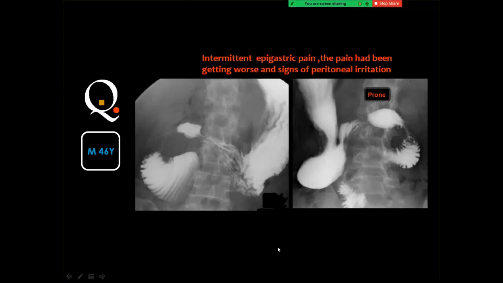And you got abrupt obstructive changes in the third part of the duodenum corresponding to the site of the superior mesenteric artery with proximal dilatation of the duodenal loop. And these changes are somewhat relieved by the prone position since the superior mesenteric artery will be somewhat away from the aorta. Then you got some relief of the symptoms.